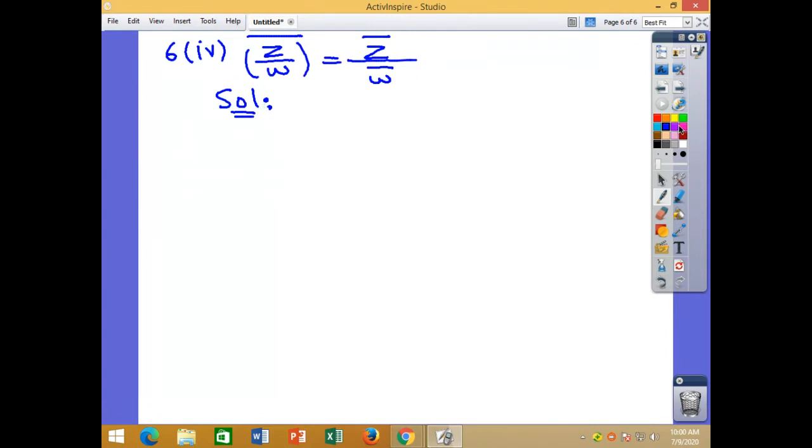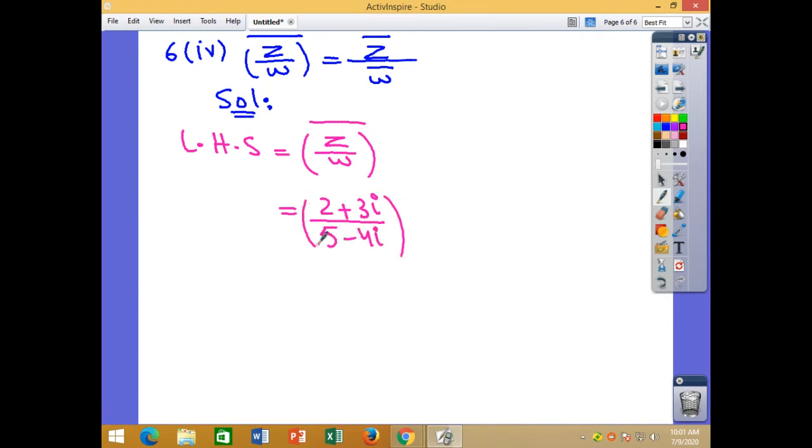The left hand side is (Z over W) whole conjugate. What is Z? The value of Z is 2 plus 3 iota. The value of W is 5 minus 4 iota. There is a conjugate on the whole.